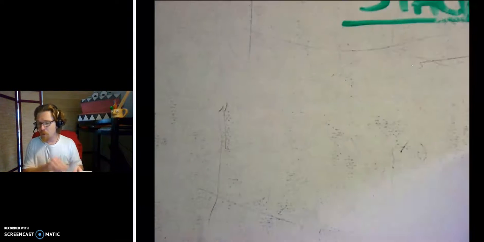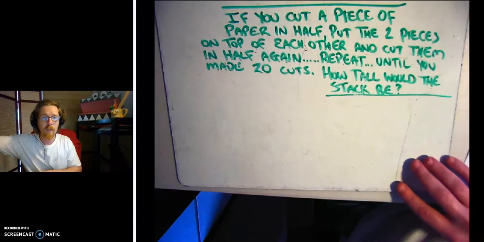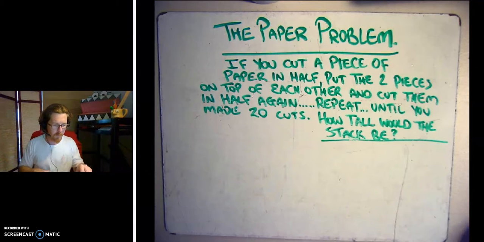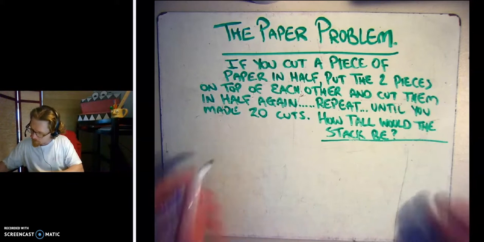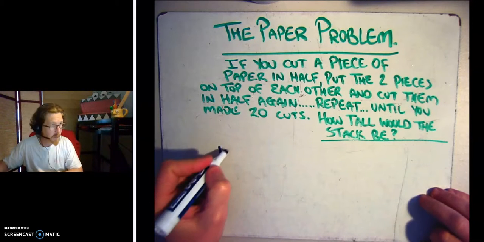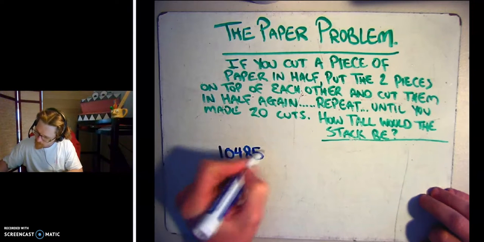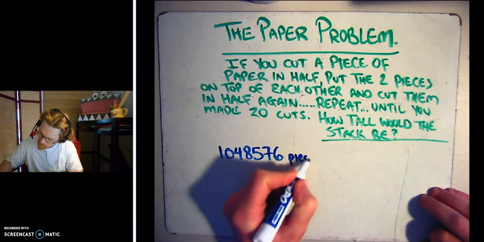Now our question was, how tall would that stack of paper be? Well, let's take the number of cuts and let's think about the thickness of a piece of paper. We would end up with 1,048,576 pieces.